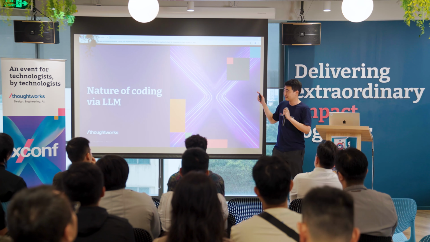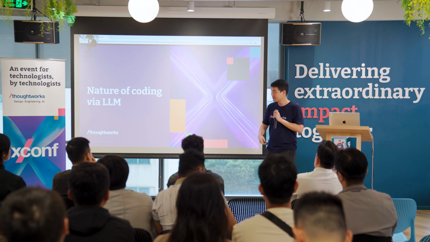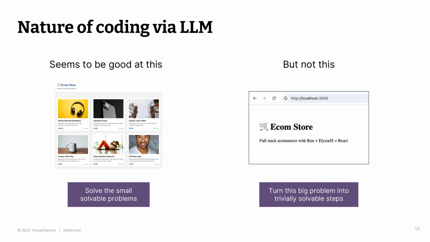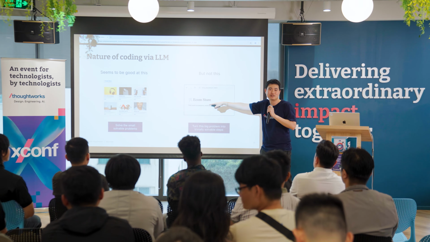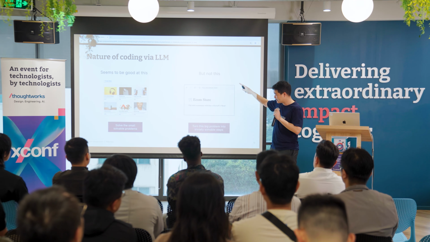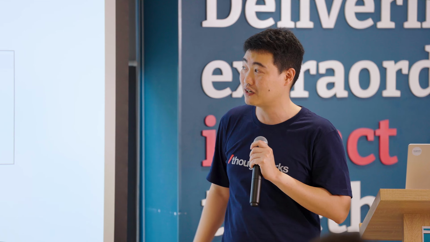So let's talk a little bit about the nature of coding via LLM. When I tried the e-commerce, it seems like AI is very good at solving small problems. But when we have a very big problem, it doesn't do such a good job.